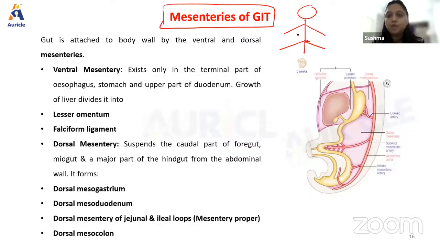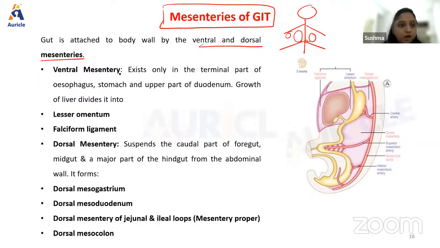Now, if this is a human being, and I have the stomach over here, how is the stomach attached to the body wall? Or let's say liver, spleen, how are all of these organs attached to the body wall? The entire gut is attached to the body wall by the ventral and dorsal mesenteries.